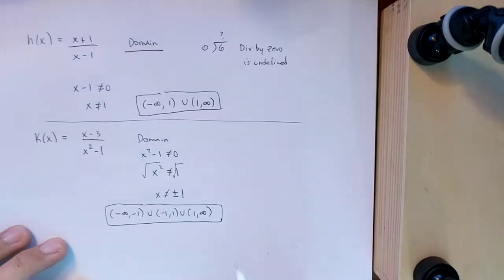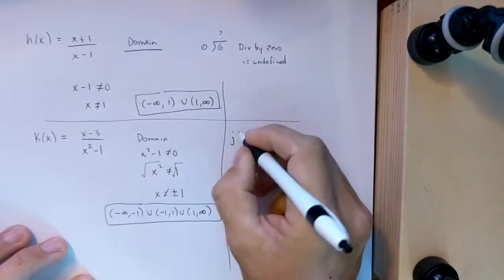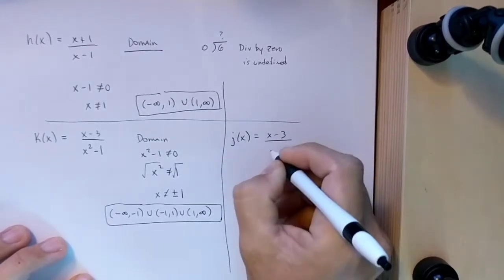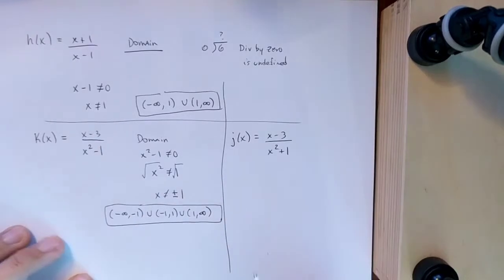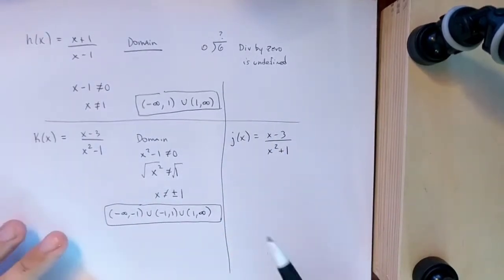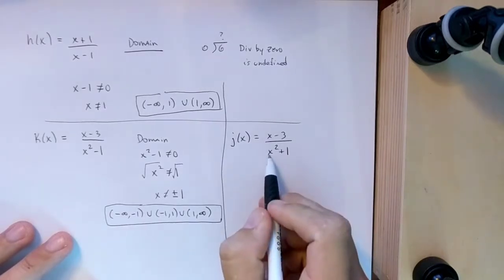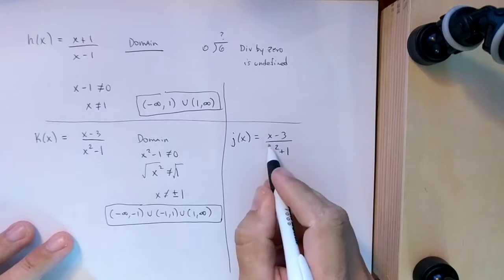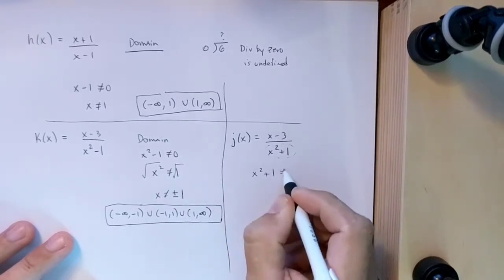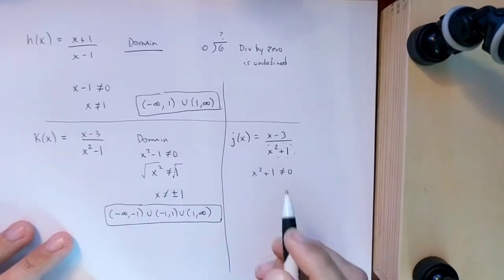Okay, we'll do one more example here with a rational function. Let's say we have j of x equals x minus 3 over x squared plus 1. I'll tell you that the domain for this function is all real numbers, and the reason for that is because again, we're talking about real numbers in our domain, and if you look at the denominator here, this never does equal 0, no matter what value you put in for x.